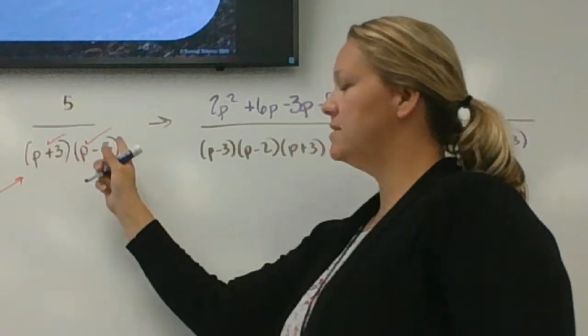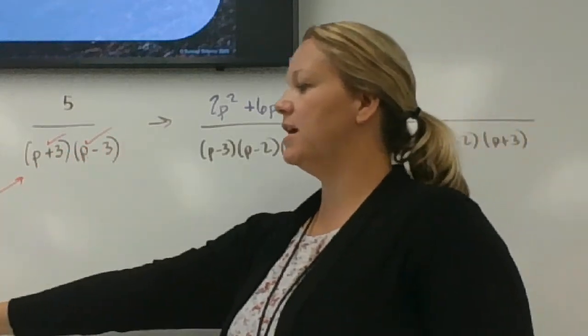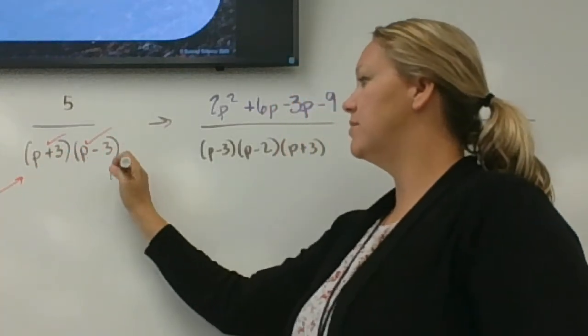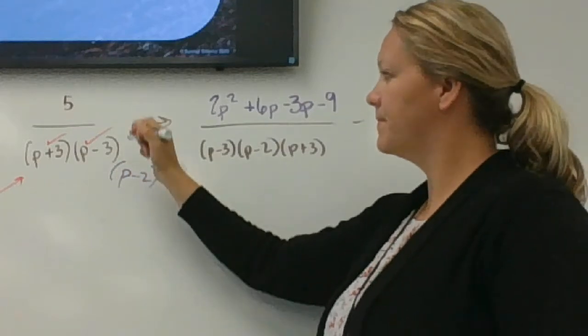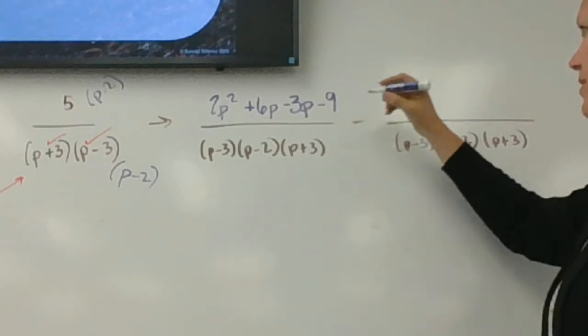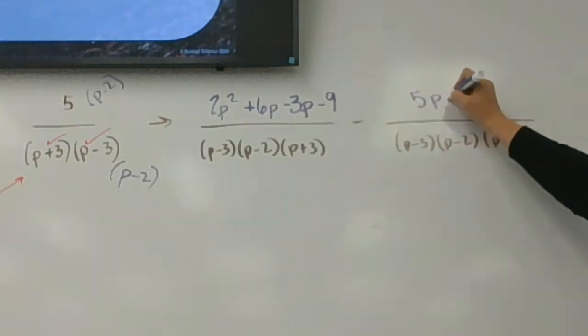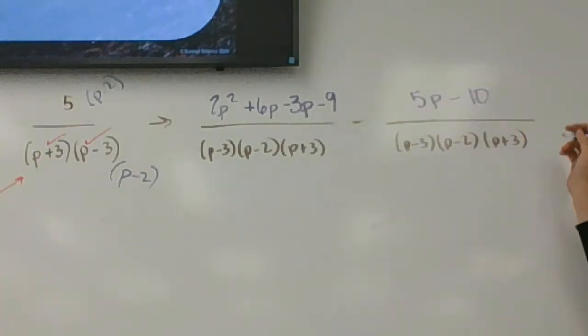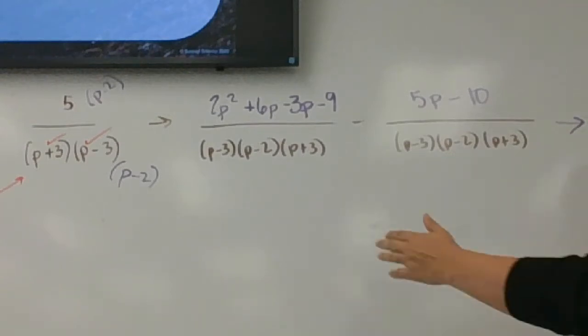Okay, this is the original denominator and it doesn't have p minus 2 in it. So I'm going to multiply it in. And that gets distributed. So we've rewritten the original fractions so that they have a common denominator.